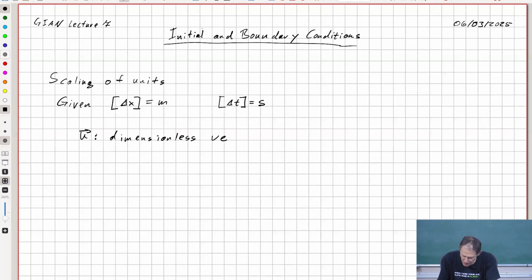So this would be the dimensionless velocity, u, and we would use u star as the dimensional velocity. Dimensionless, we also call lattice units.